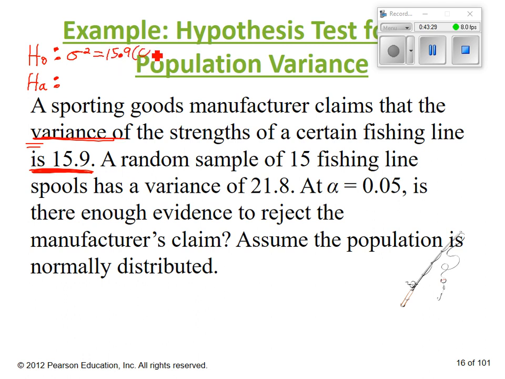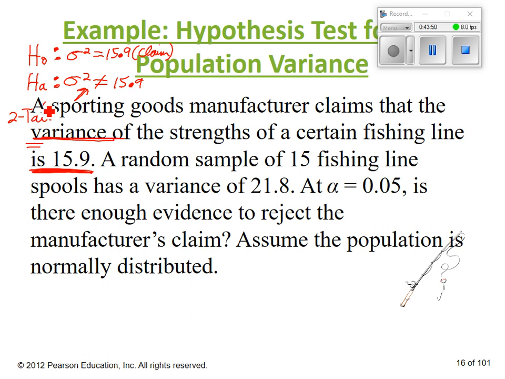That's the claim. Our HA then is sigma squared does not equal 15.9. That tells us that we are two-tailed.